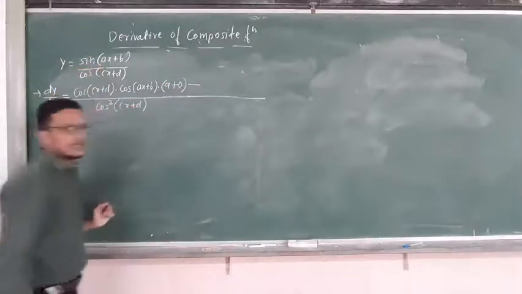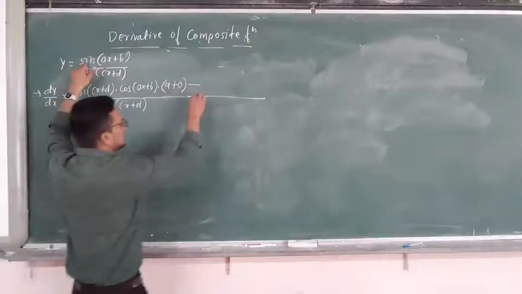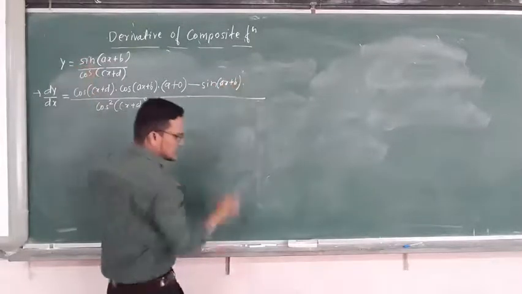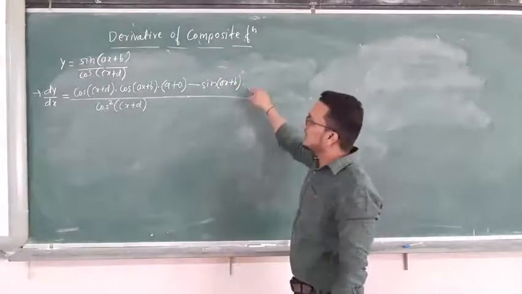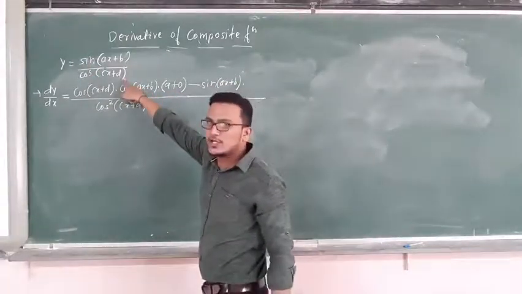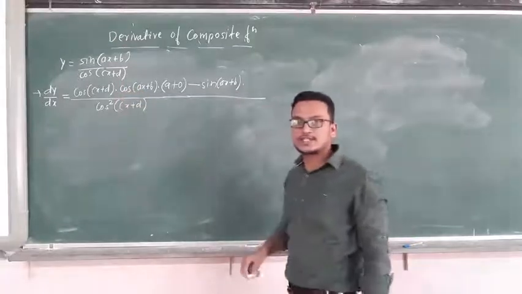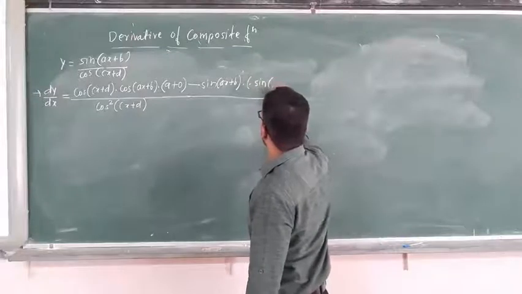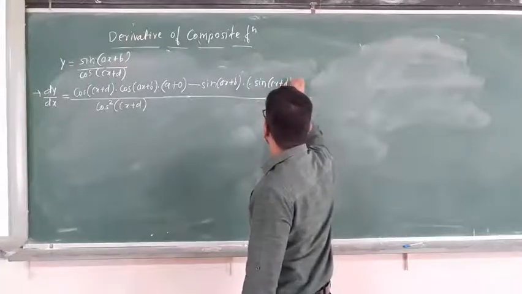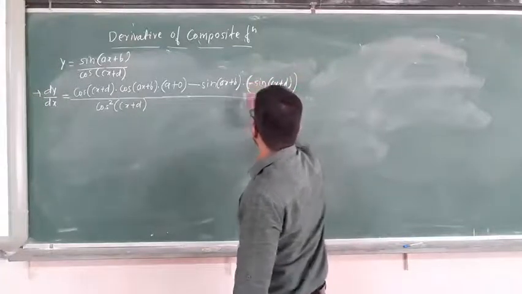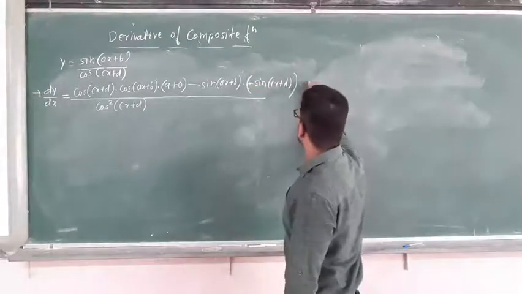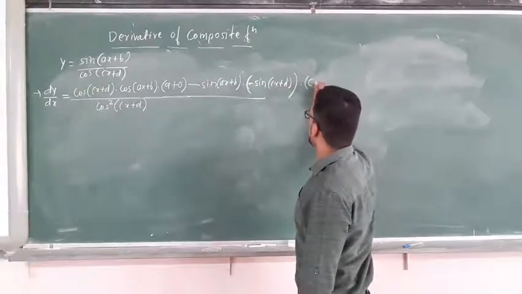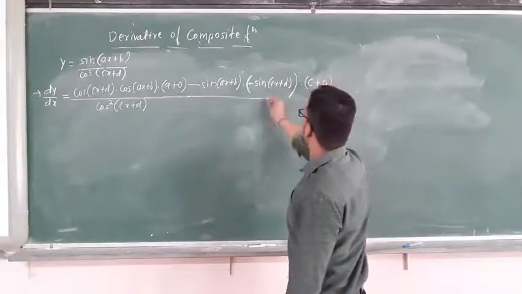Minus the numerator constant, sin(ax+b), into the derivative of the denominator, cos(cx+d). The derivative of cos is minus sin(cx+d) into the inner derivative: x's derivative is 1, 1 into c, plus d's derivative is 0.